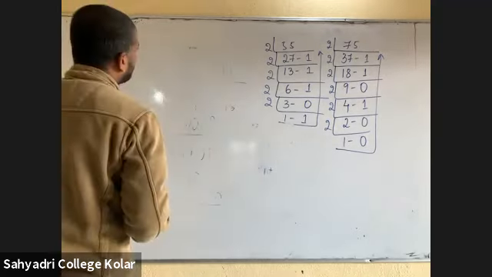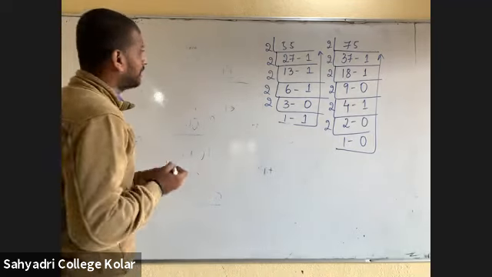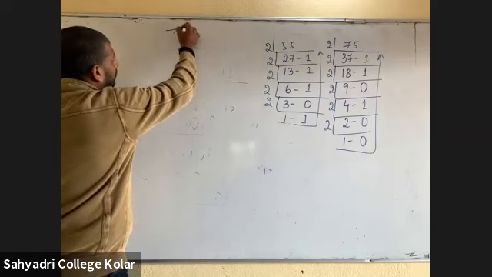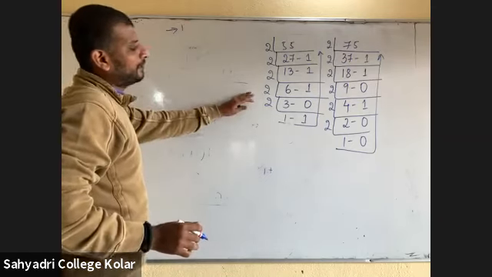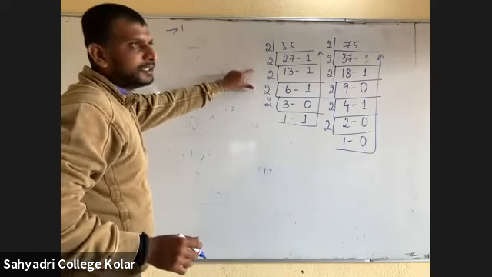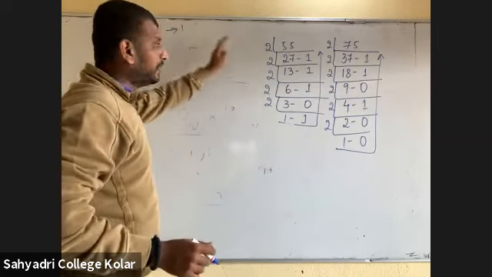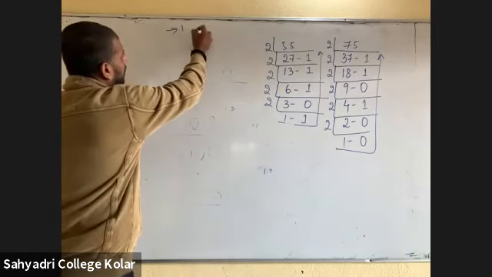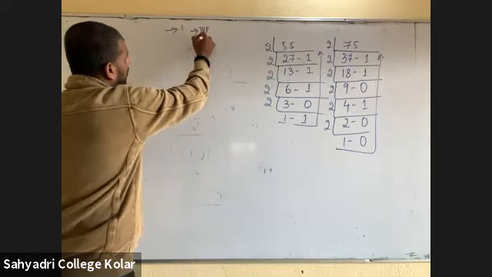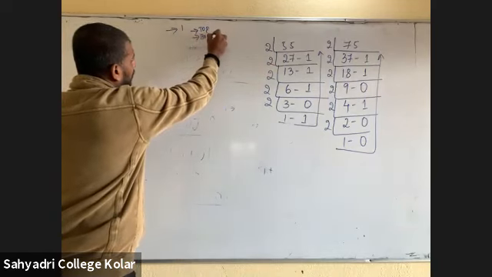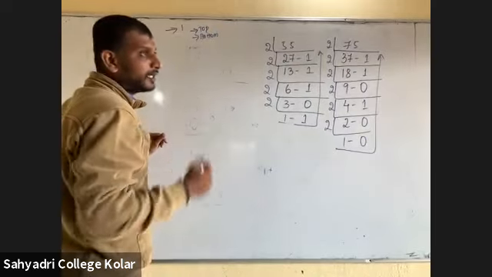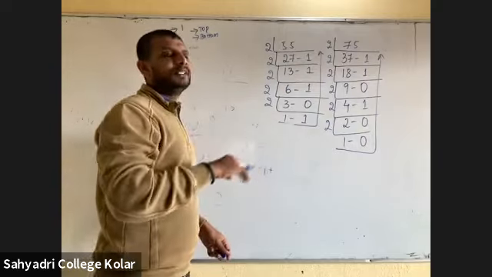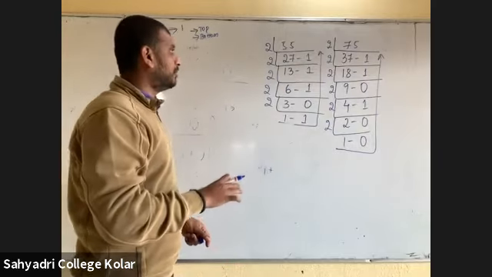Whenever you are performing ones complement subtraction, firstly, you need to convert the given number to binary form, and you have a number at the top and a number at the bottom. Whatever number you are subtracting, for that particular number, find the ones complement.